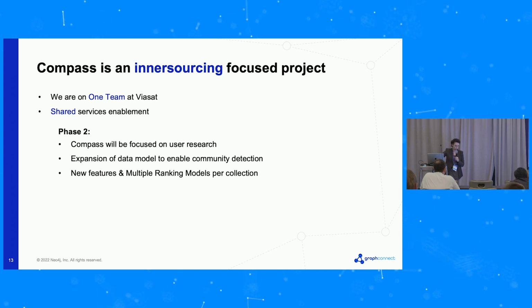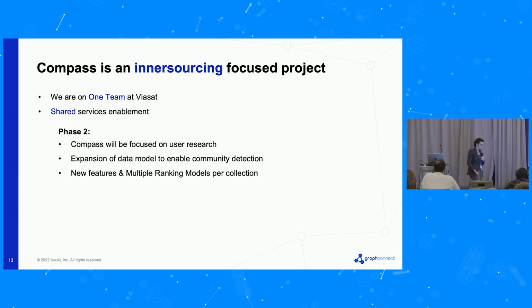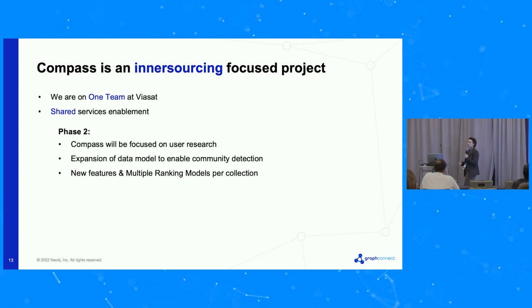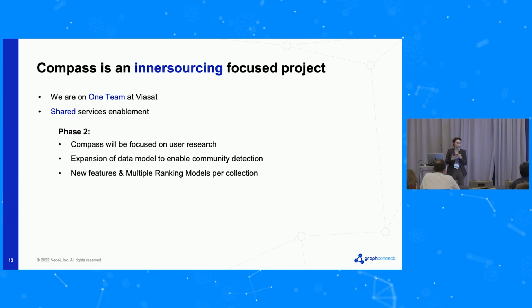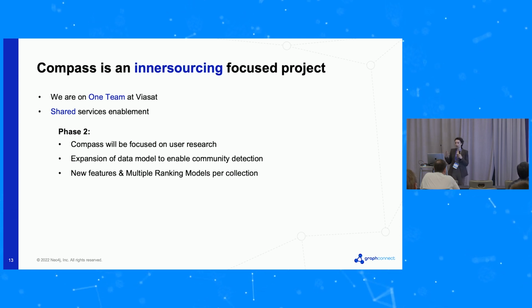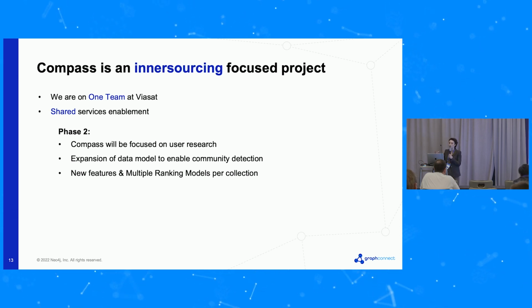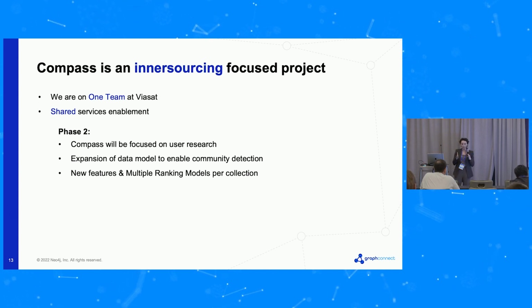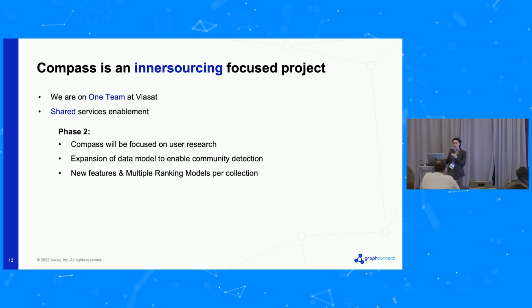So I say per collection because when you use something like Solr, which is a search engine, it has a notion of collections. A collection would be a set of documents or content that live together, and they have similar attributes or features.